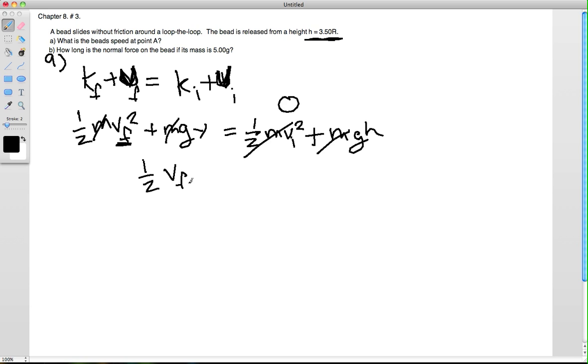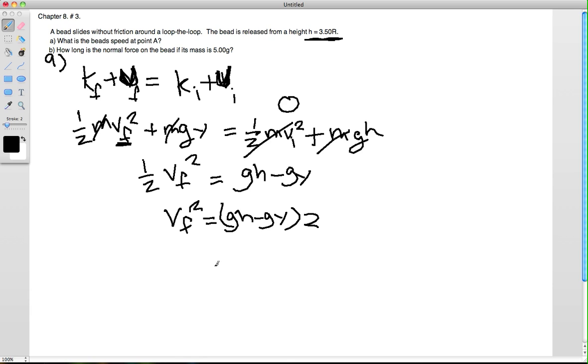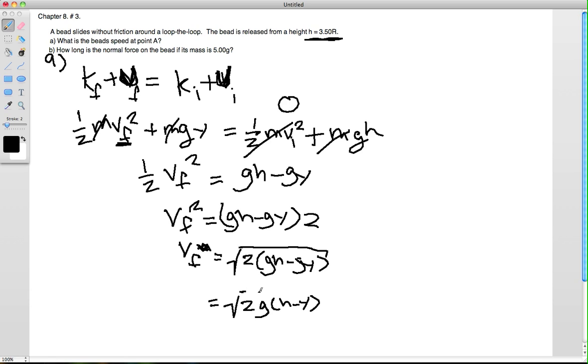So v final squared equals gh minus gy, times 2. And v final equals the square root of 2 times gh minus gy. You can simplify that even more by taking out the g, so it's 2g times (h minus y). So here's the equation for v final for part A.